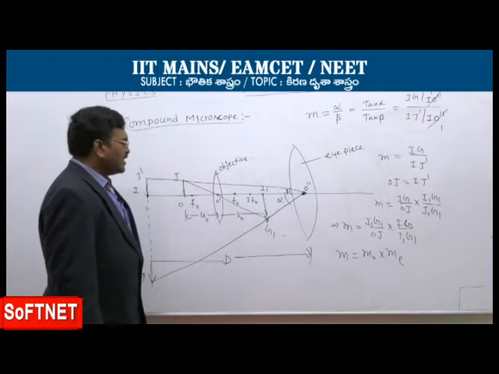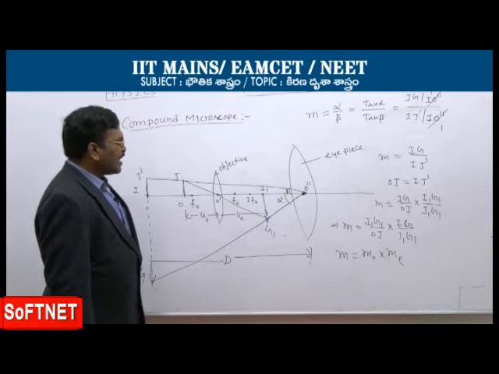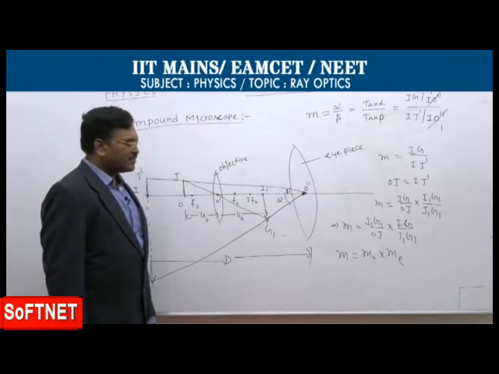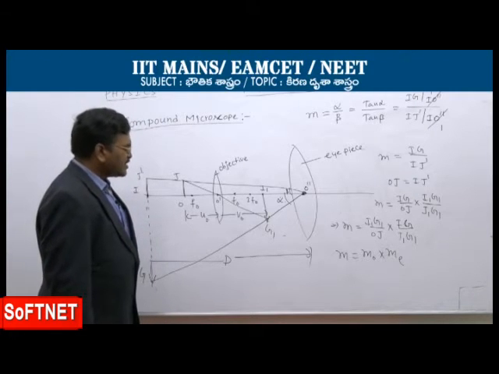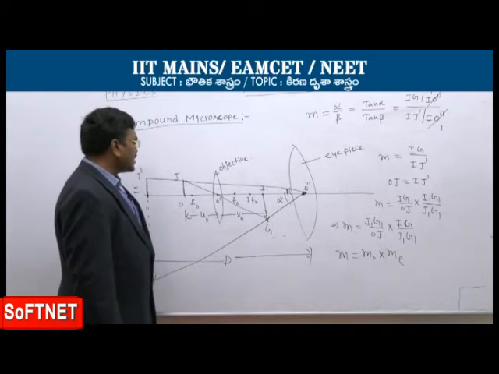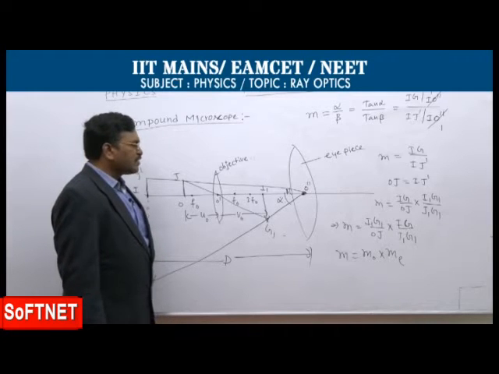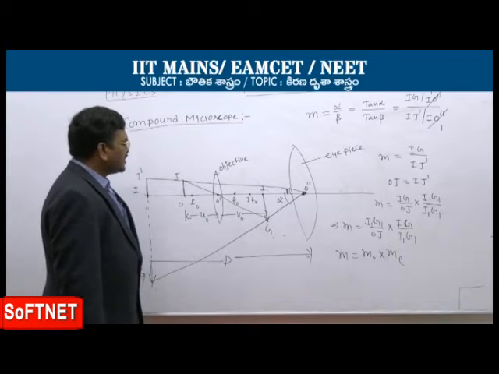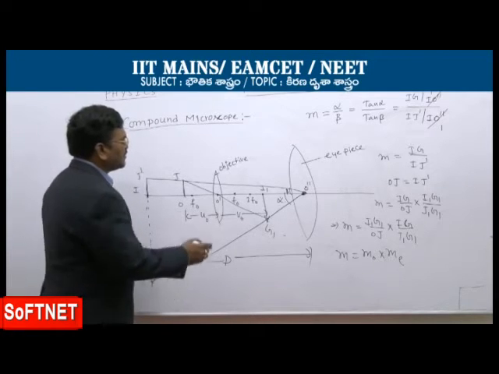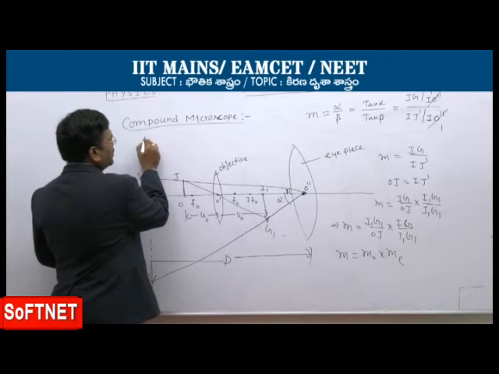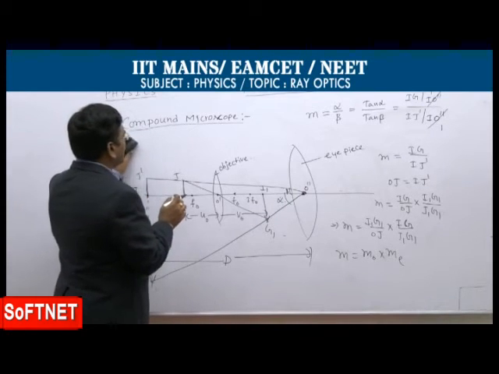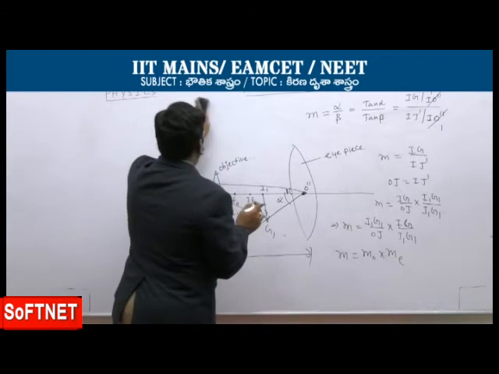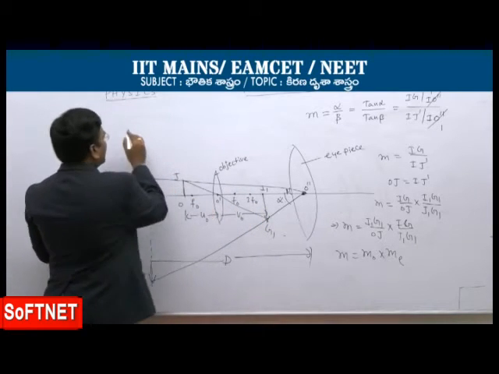Here the triangles I1 O dash G1 and O dash J are similar triangles.